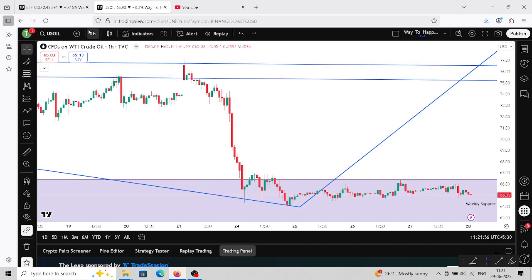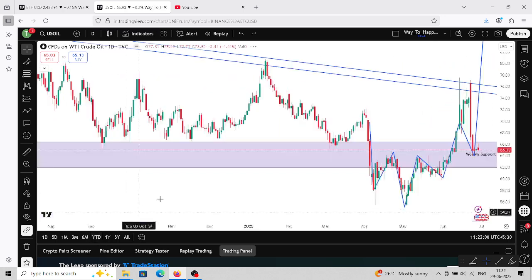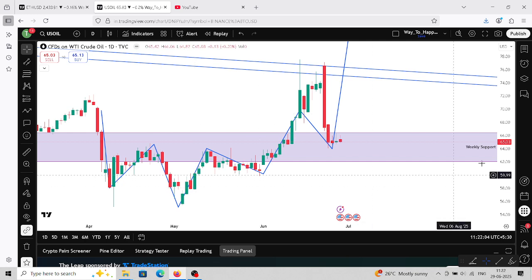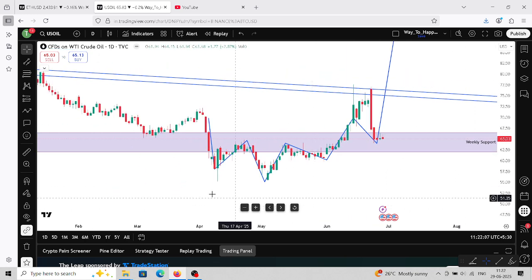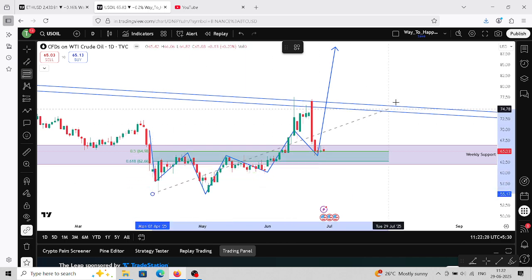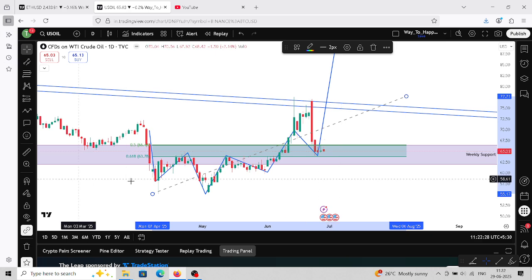Now because it's a daily, let me take you to daily again. On US oil, it is like this. So daily from here, here, here, here, here. On a daily, if I perform like this, this is my fib level as well.